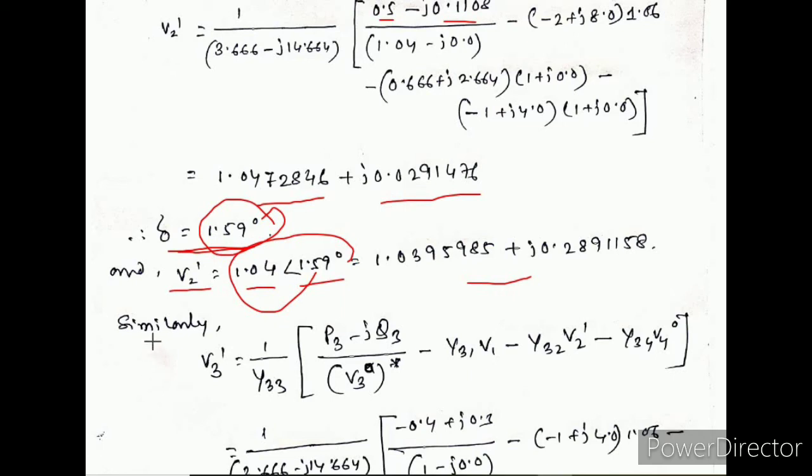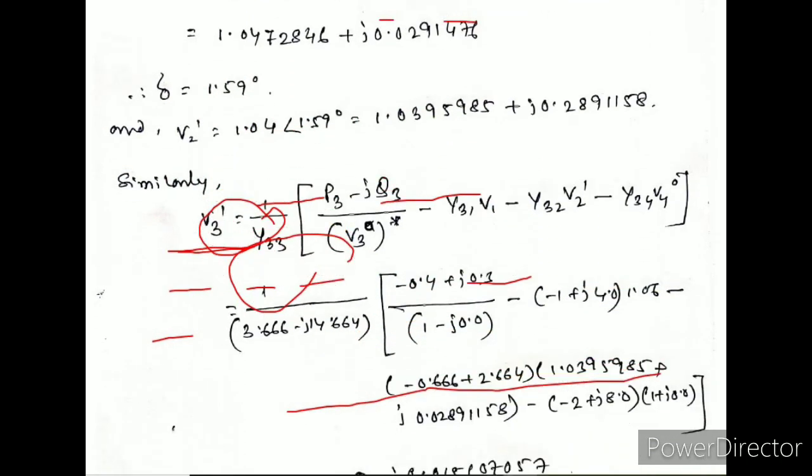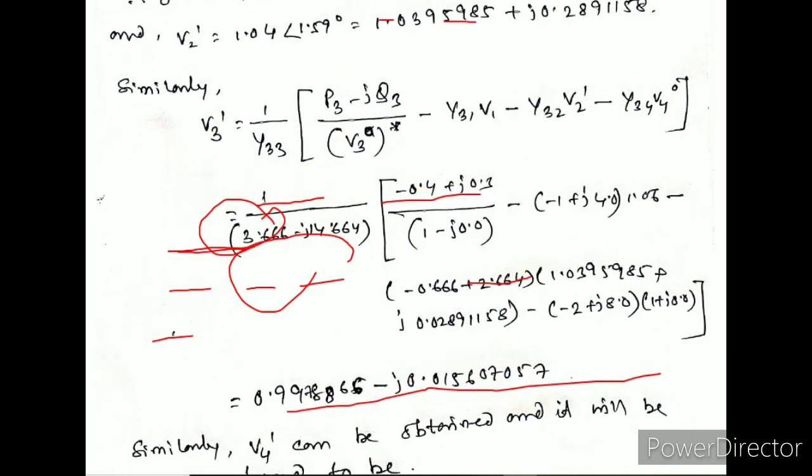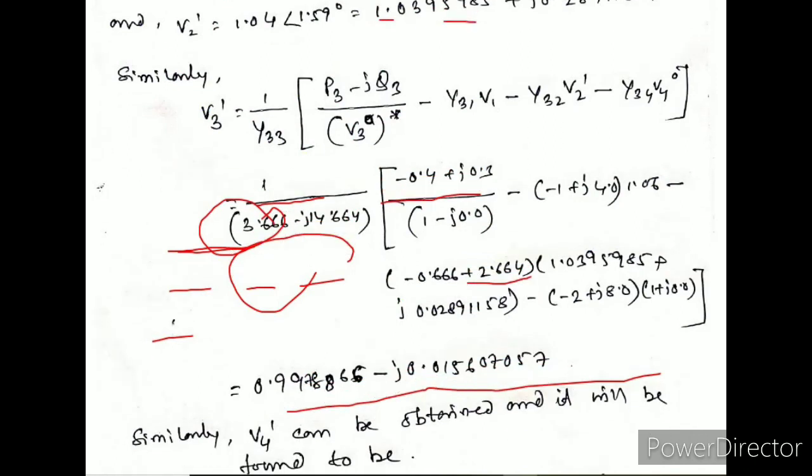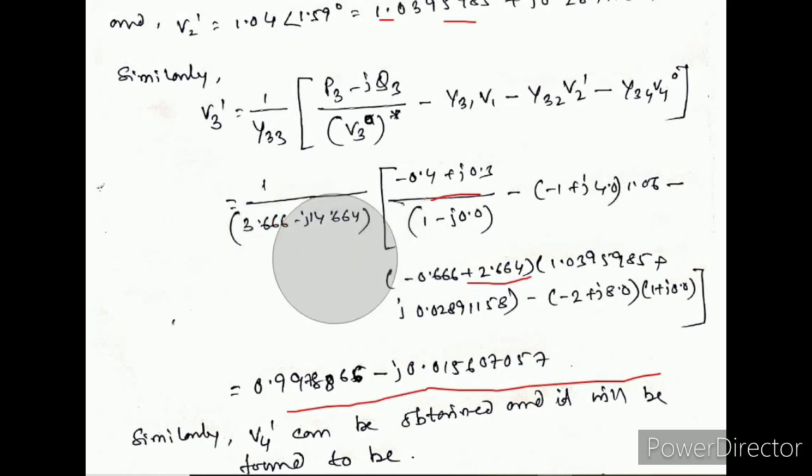Now similarly, if we want to find V3 to the power 1, we have to write down the V3 to the power 1 formula as per the Gauss-Seidel method, because it is the load bus. Now we will put all the values as given, and we will get the actual V3 to the power 1 value. Now you can see here V2 to the power 1 is given.